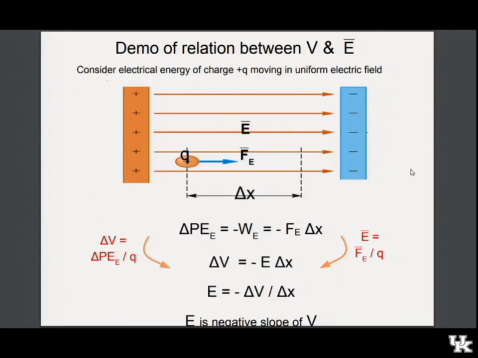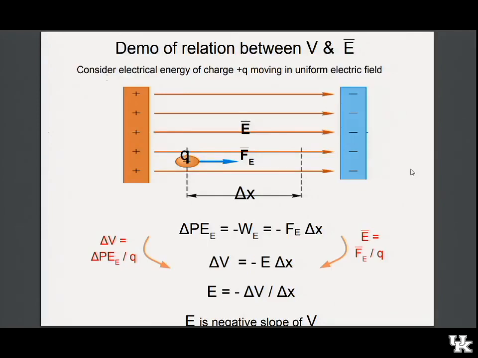So that field that surrounds a charge and that potential that surrounds a charge are deeply connected quantities. One is the negative slope of the other. The field is the negative slope of the potential. And that's how we think about how the field and the potential are related to one another.